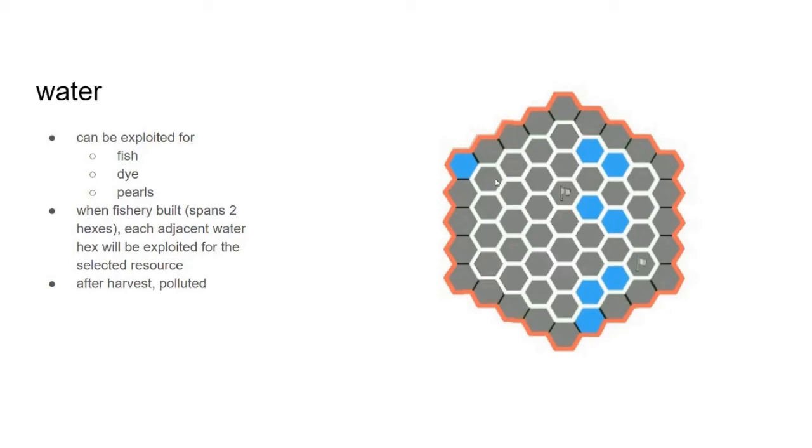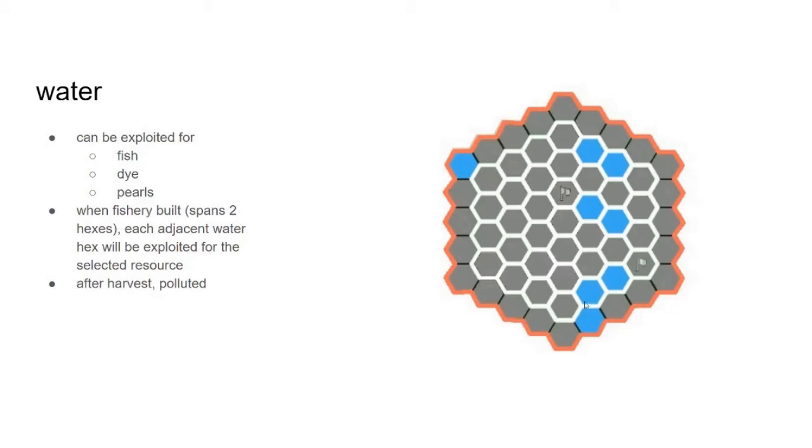So if I built a fishery over here, I could exploit this hex of water for one of fish, dye, or pearls. If I built my fishery here, then these 2 would be adjacent to my fishery, and I could choose what they would be harvested for. So let's say I built a fishery here for fish.